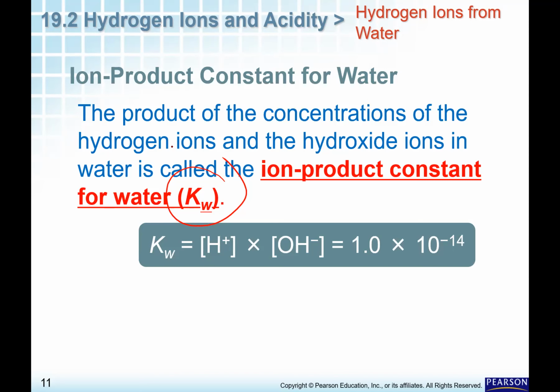So the product of the two concentrations of the hydrogen ion and the hydroxide ion in water is called the ion product constant for water, and that is Kw. The new equation that we are introducing today states that Kw, which is equal to 10 to the minus 14, is equal to the concentration of H+ times the concentration of OH-.